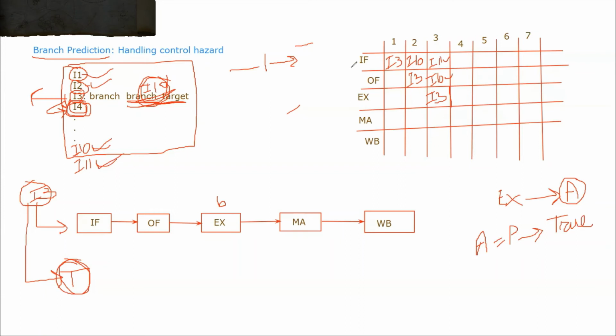We are allowing it to fetch instructions based on our prediction. If our prediction is true, we have saved two cycles. Now let's see if the actual outcome is not equal to the predicted outcome, or we can say my prediction is false.